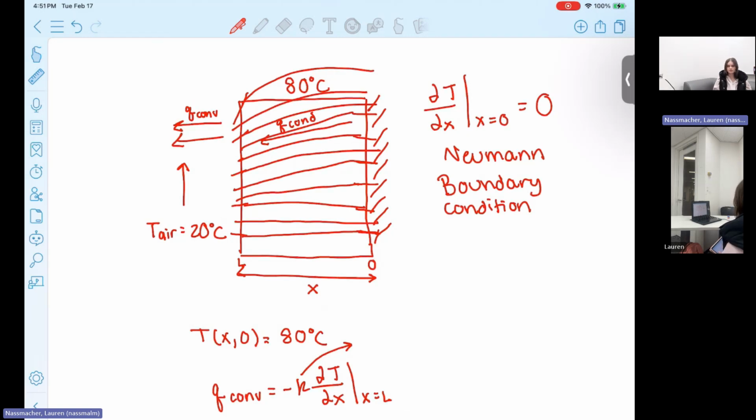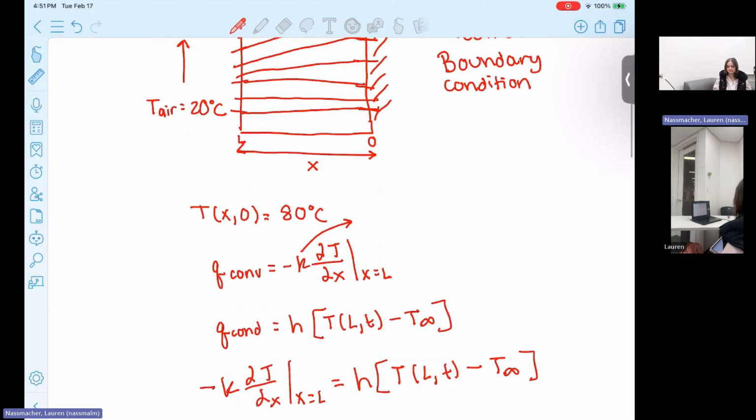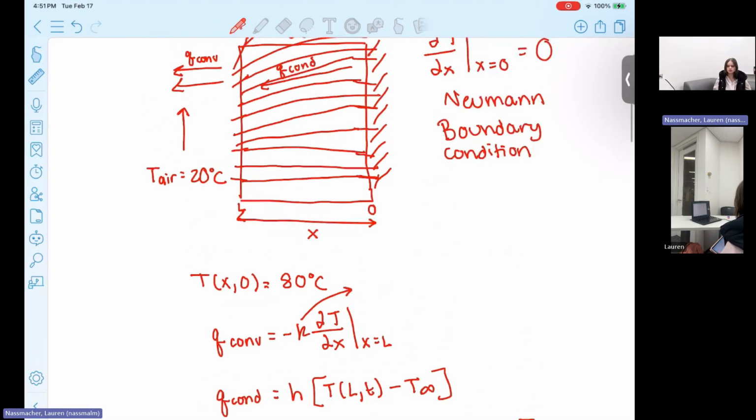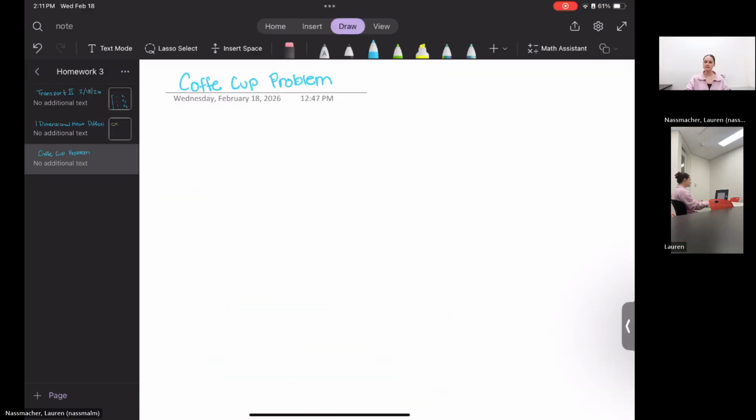Given the initial and boundary conditions, as well as the diffusion equations, you will be able to solve this problem analytically or numerically, depending on if there are actual numbers to this problem. Let's imagine a coffee cup problem so we can sketch a temperature profile.